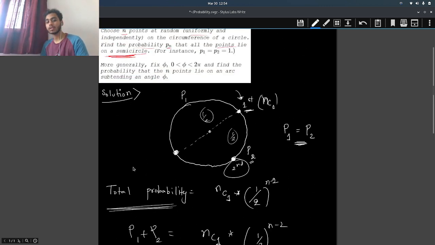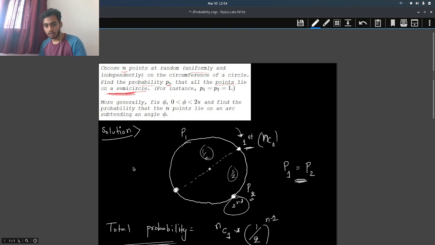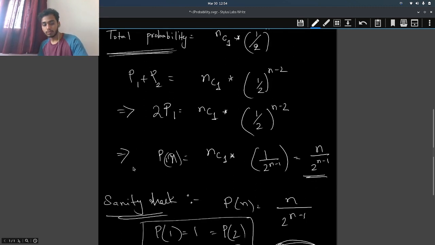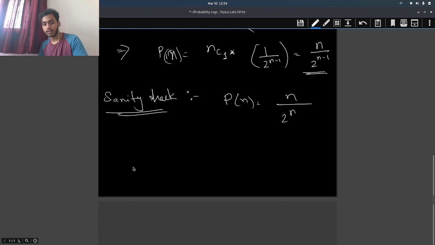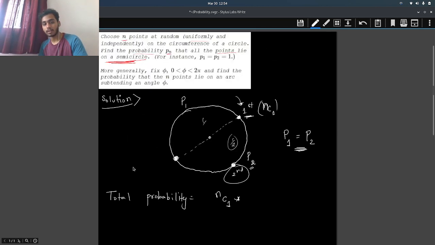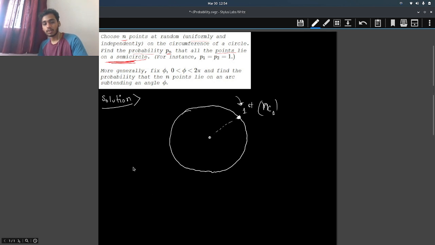Now the question asks for a more general solution, in which we fix a phi for the sector, and we are not thinking about the semicircle, but about the sector phi. So how do we solve that question? Again, the first value is the game changer, because once we set the first value, we know we have these two sectors in our hand.